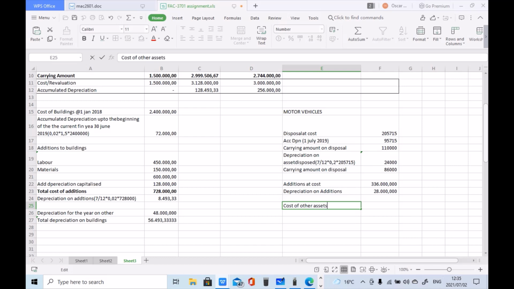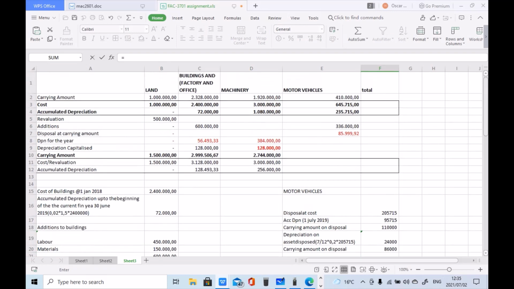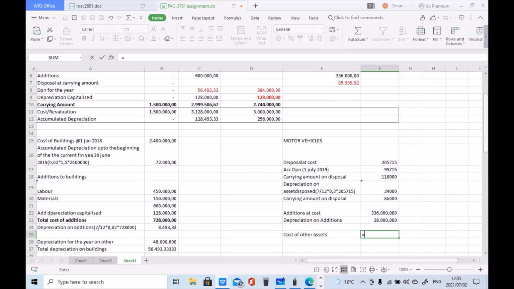The cost of these assets is going to be the 645,715 minus the cost of the asset that we sold, because we no longer have that, which is 205,715.